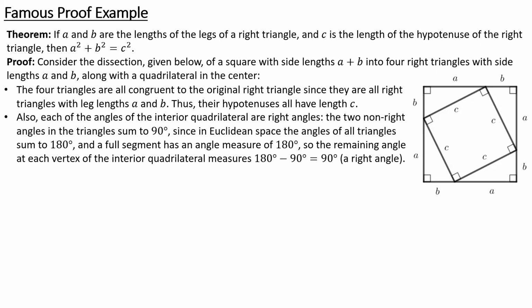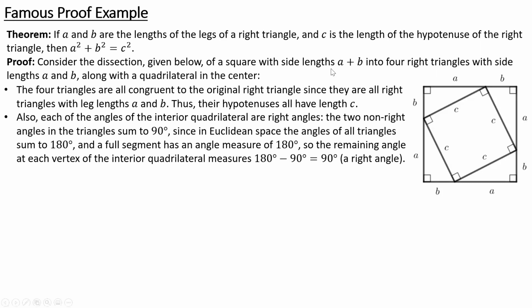We take what we had. We were given the original statement, and we're going to start with this dissection, this cutout of how we're putting it together. That is our a plus b square, our square piece with side lengths a plus b.